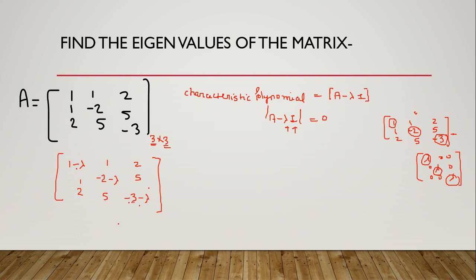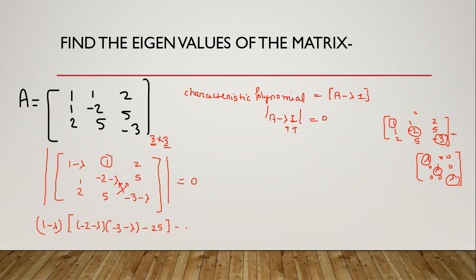Now you have to take the determinant of this matrix, and keep it equal to 0. Now what you are supposed to do is create an equation. So 1 minus lambda, first row first column, you hide these and multiply these two. So this will be minus 2 minus lambda multiplied by minus 3 minus lambda, minus 5 times 5 is 25, correct?